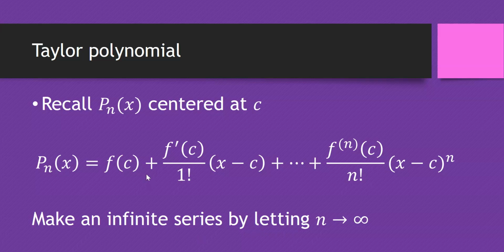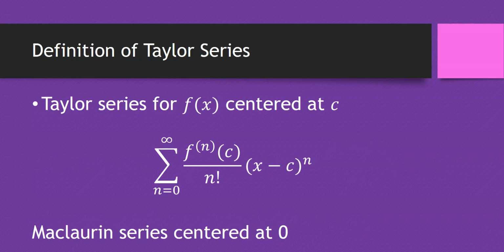And so if we can establish a pattern for these coefficients, and we can write that pattern in such a way as we can get a functional notation here, then we can make this Taylor polynomial into an infinite series by just letting n go to infinity. And that's how the Taylor series is defined.